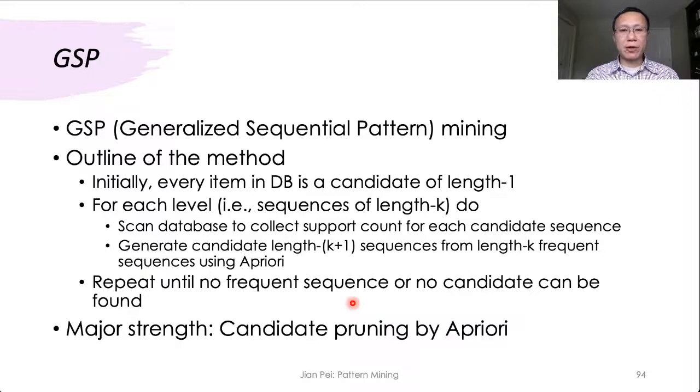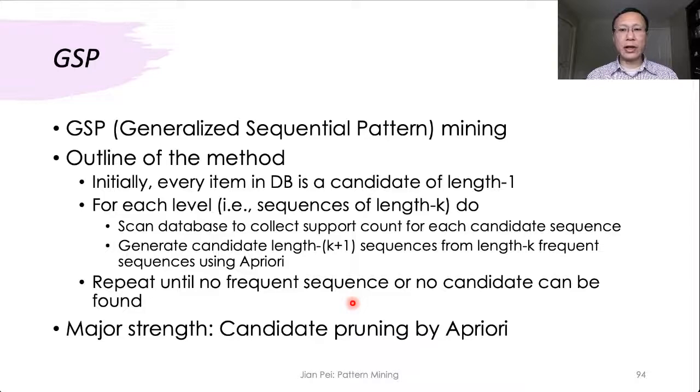Using this anti-monotonicity, we can immediately develop an algorithm similar to the a priori algorithm for mining sequential patterns. This is the GSP algorithm, called Generalized Sequential Pattern Mining Algorithm. The algorithm works in the following steps. First, the algorithm scans the database once to identify frequent items. Every frequent item in the database is a frequent length 1 sequential pattern.